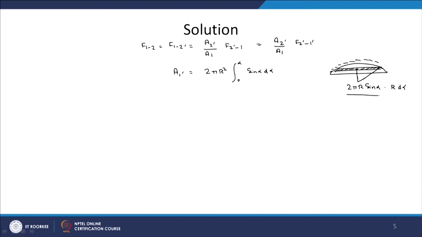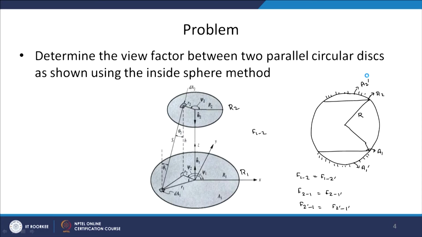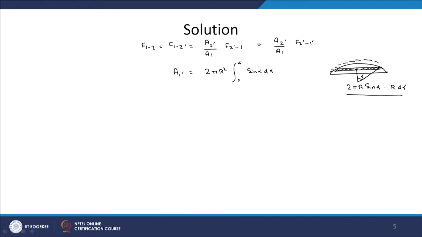So, this is going to be the surface area of this small annulus on the spherical cap, and when we want to integrate over the entire surface, we have to integrate alpha from 0 to alpha. This is going to be our alpha.